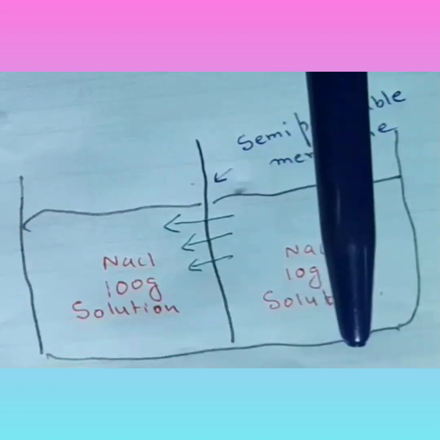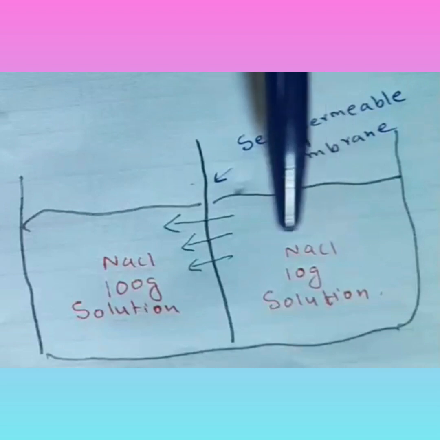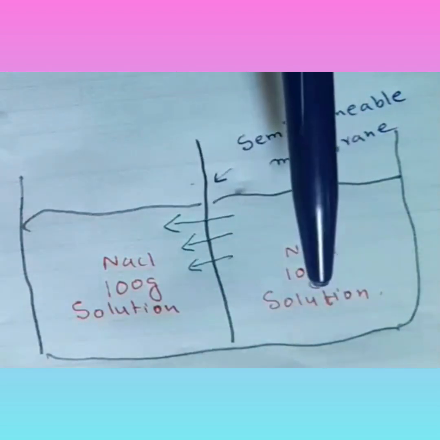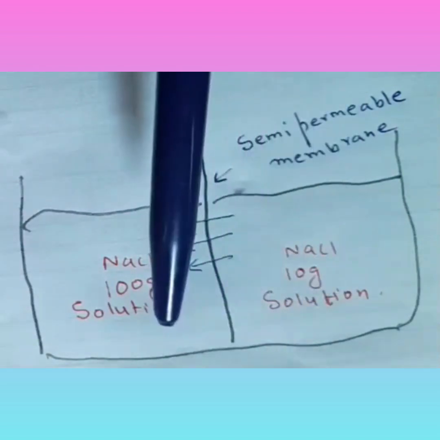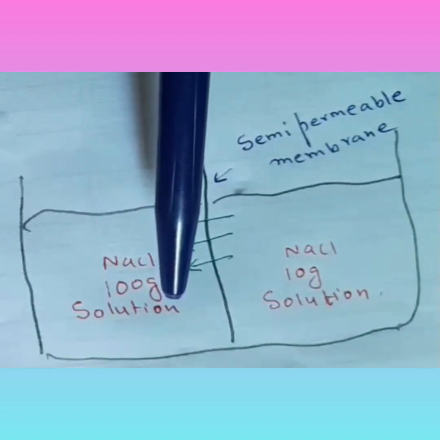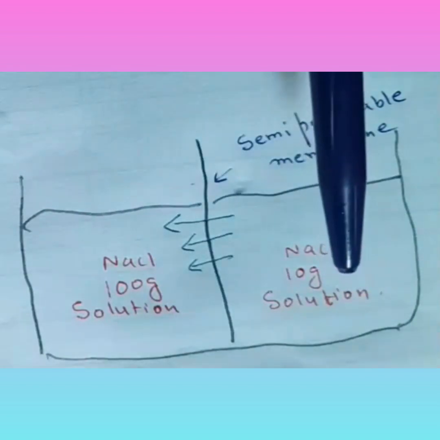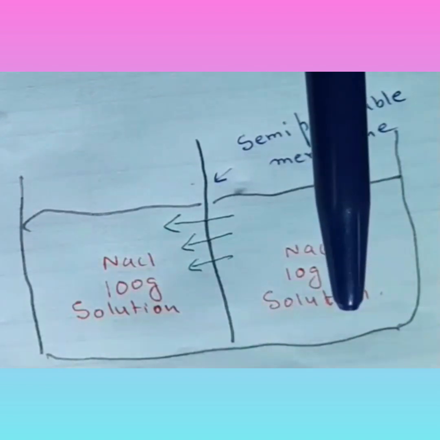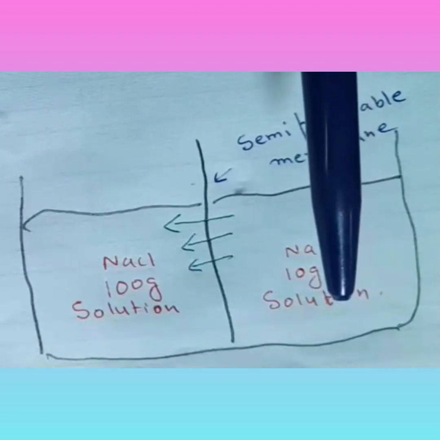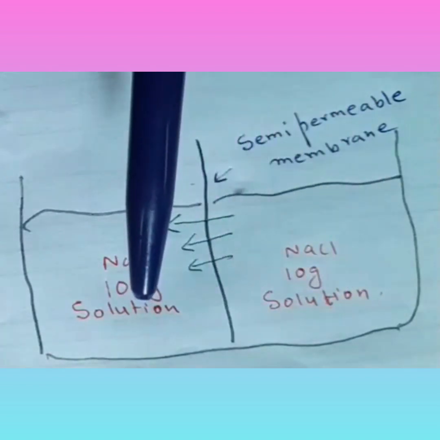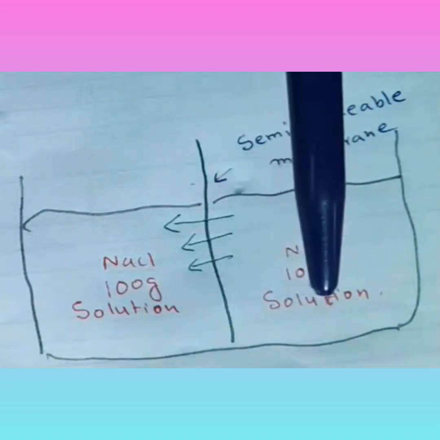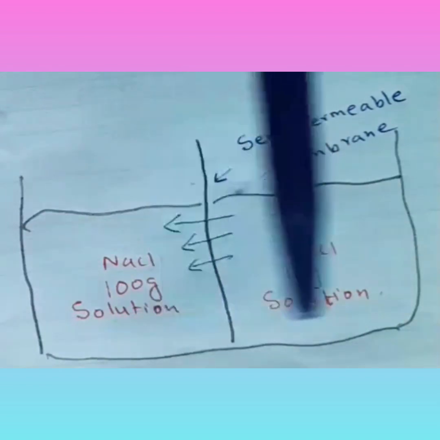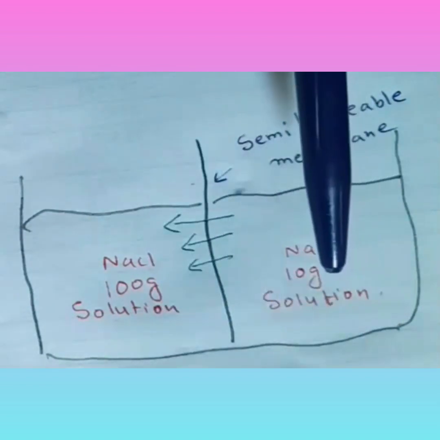Alright. Now we can guess that the quantity of water in this compartment would be more than the quantity of water over here. We know that water finds its own level. Following the same theory, water would try to pass from this compartment to this compartment. This would obviously happen owing to some pressure developed over here.